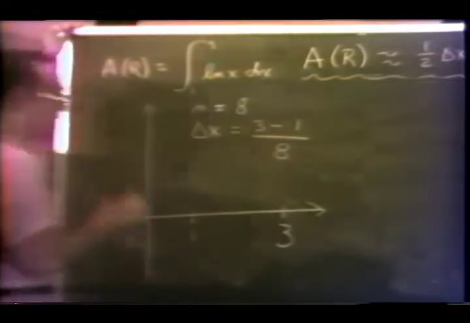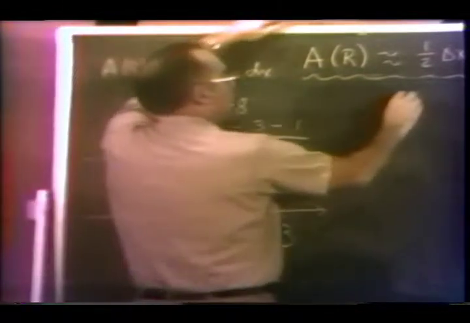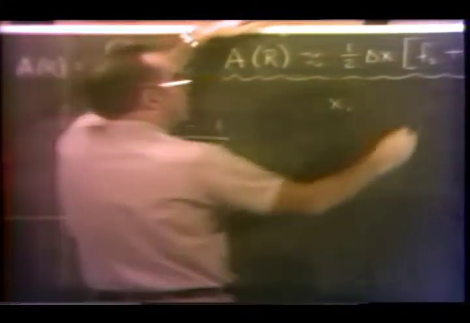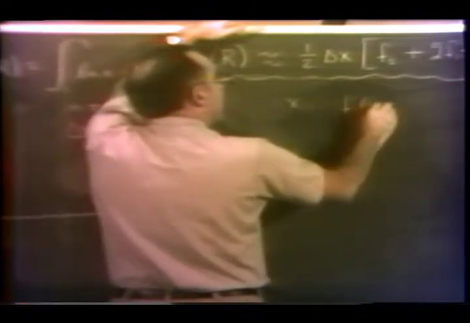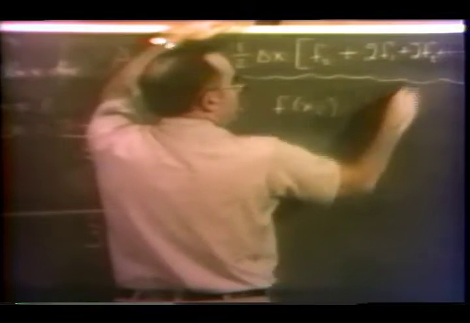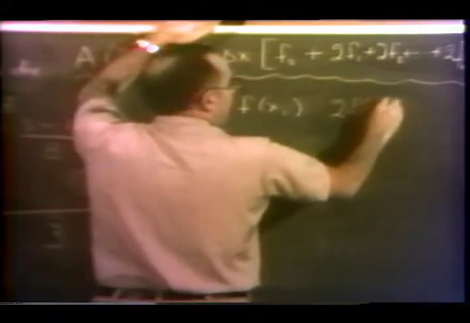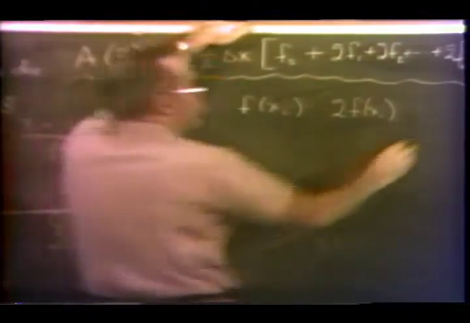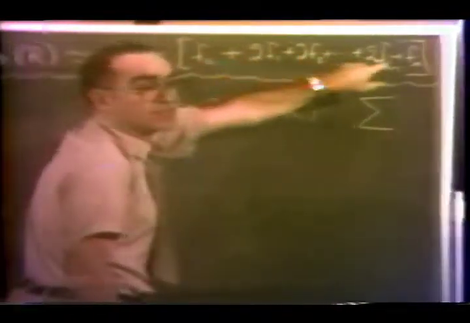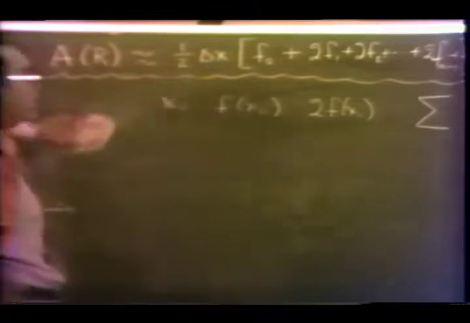Sorry. So let's set up a little scoreboard here. First of all, we'll look at the xi. Then we'll look at f of xi. Then we have to have in here someplace 2 f of xi. Then we will have a column here for adding these up, since we have to add these things up before we take the half delta x.